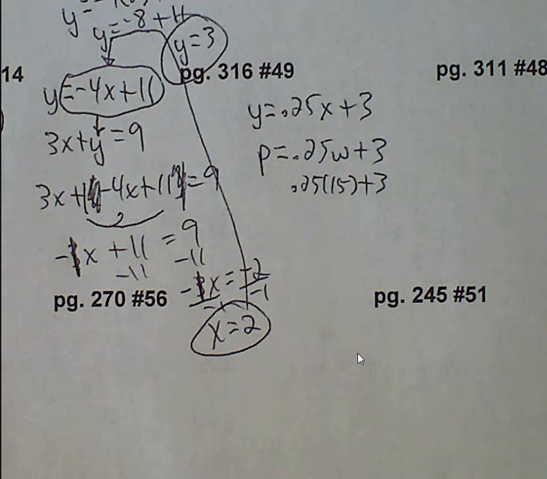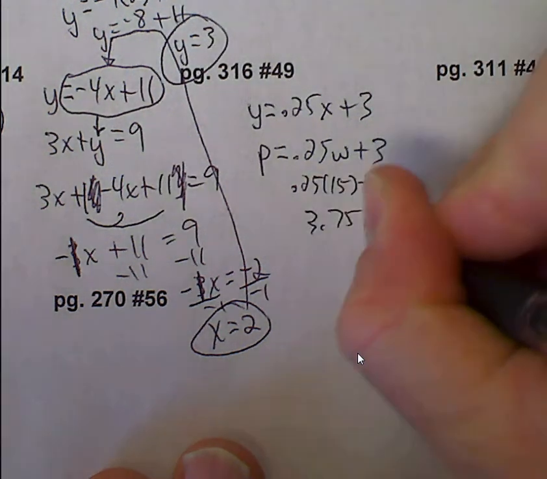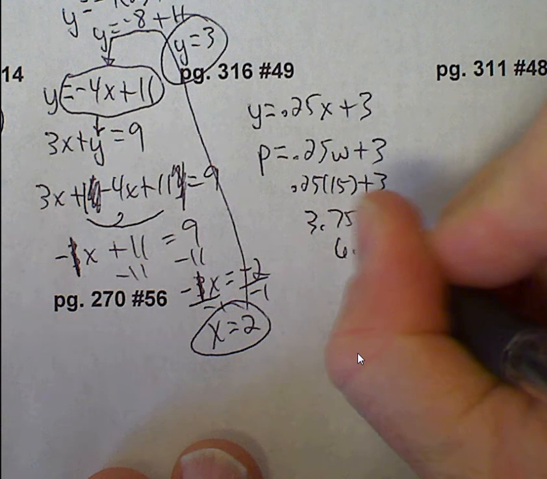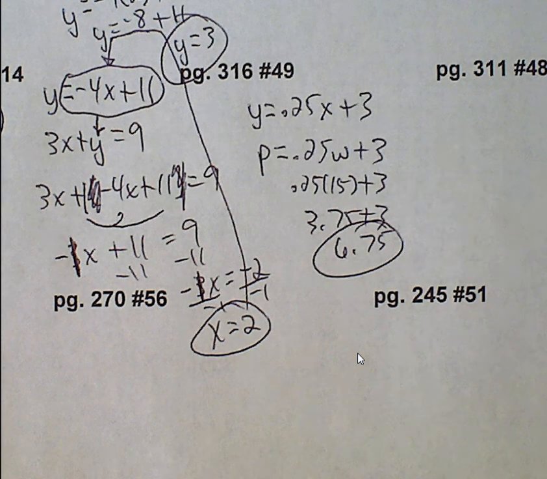So let me use a calculator. So 0.25 times 15 gives me 3.75 plus 3. That's $6.75. So when W is 15, P is 6.75.